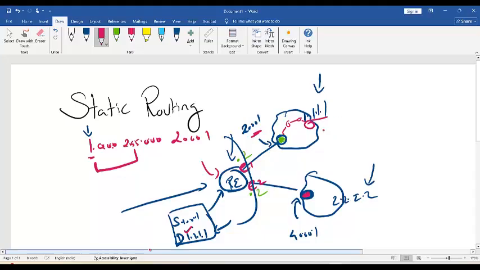This 1.1.1.1 may be behind a 100th router, doesn't matter. All that you need to do is send it to your next router. That is all you need to do. And it is the job of this router's administrator to move the packet to the other ends. Service provider will do that. So in a static route, you cannot write to this 100th router. You can only write to the immediate router, the next router.